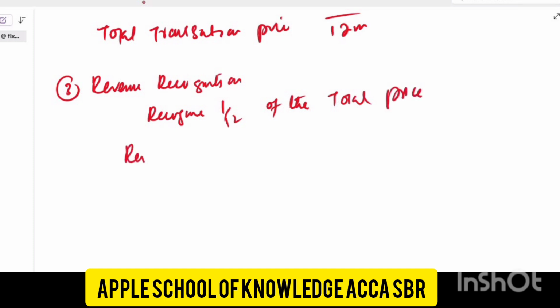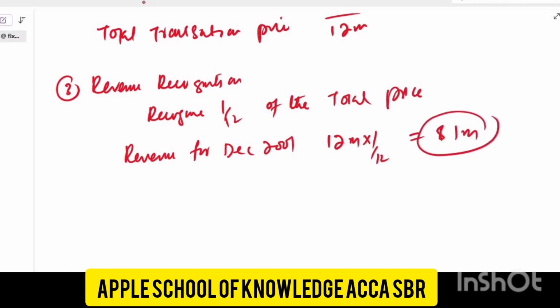So the revenue for December 2001 is 12 million multiplied by 1/12, and you will have 1 million for the year.